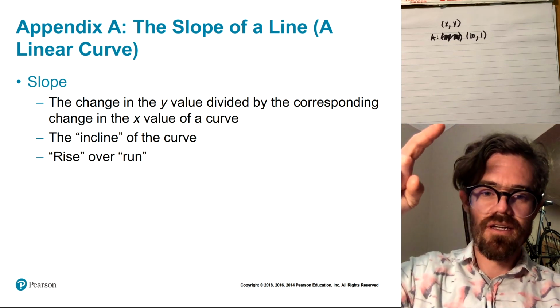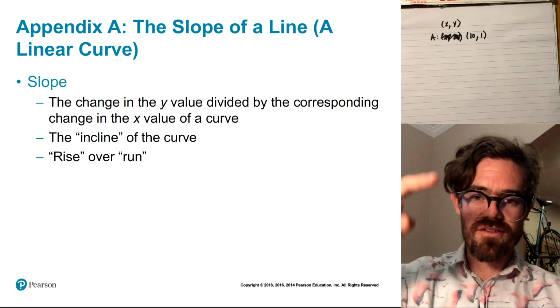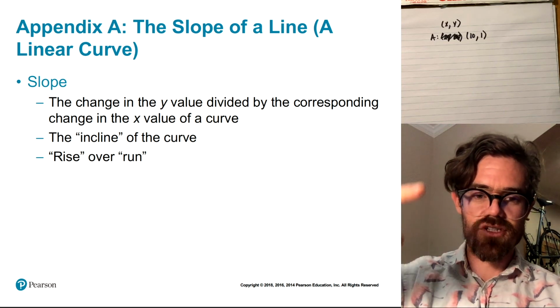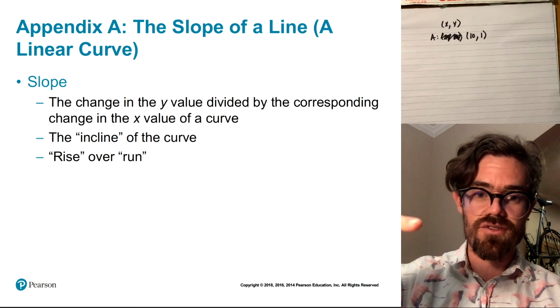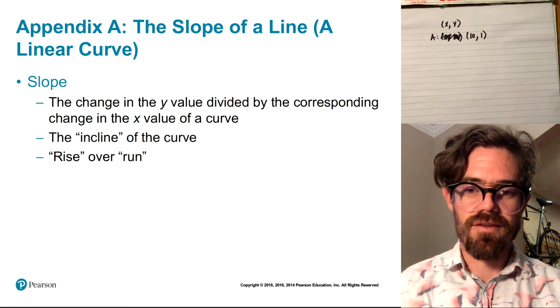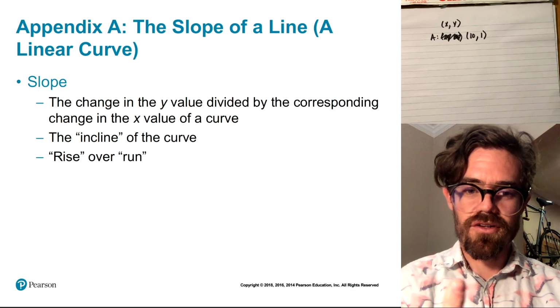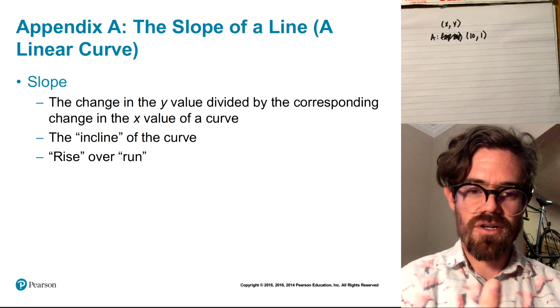So rise can be positive if you're going up. It can be negative if you're going down. So the rise is the vertical change, or the change in the y value. And then the run is in the horizontal direction. So just like you run along the ground horizontally, right? That's the run.